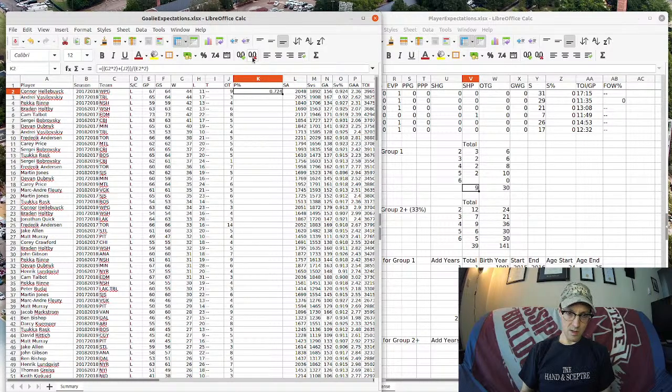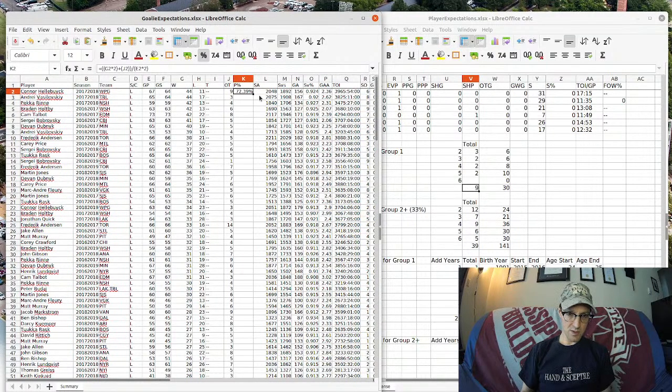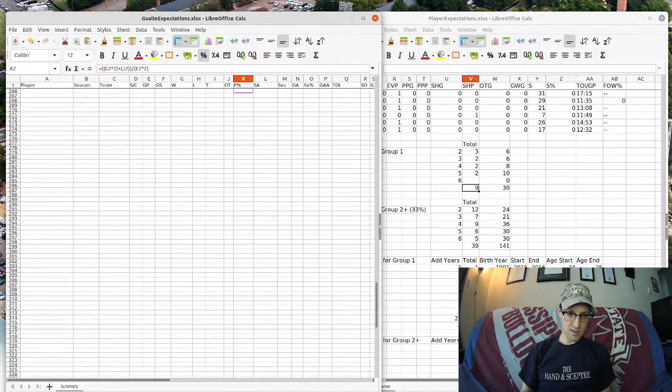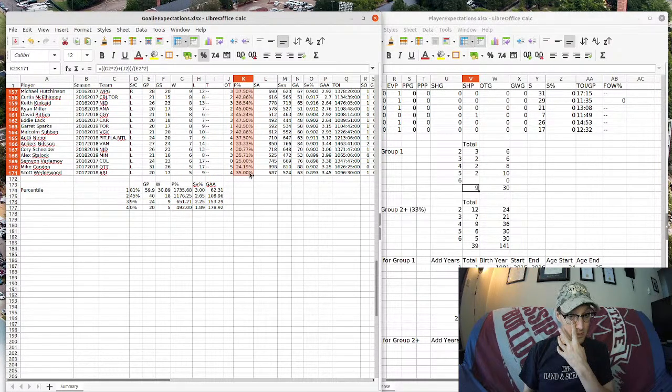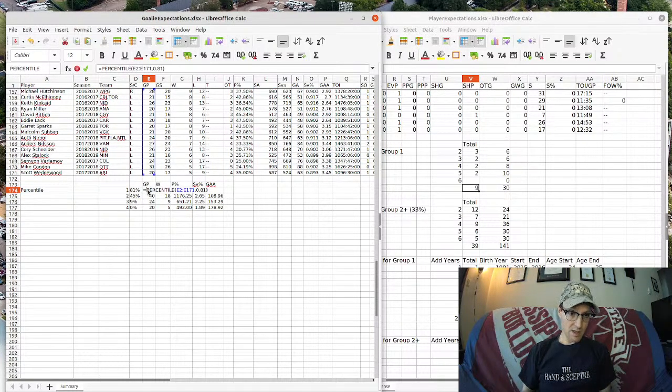Do we want that? Yeah, we'll do it as a percentage, and then expand. So that should be correct now. Games played is correct.